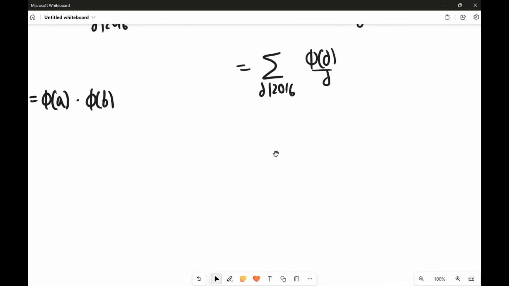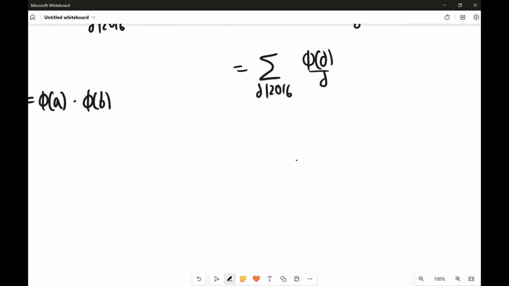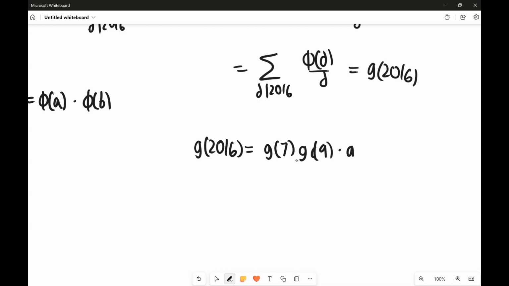But the point is that if this equals, actually this should be g of 2016, then we prove that g of 2016 is equal to g of 7 times g of 9 times g of 32. And 32 times 7 times 9 is equal to 2016. That's a useful fact you should know.